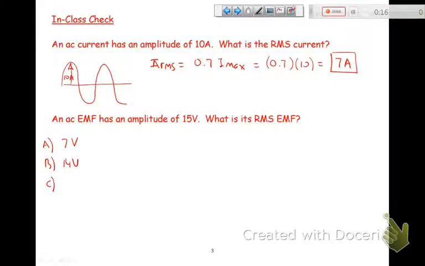C is going to be 10.5 volts, and then D is going to be 12.75 volts. So which do you think it is?